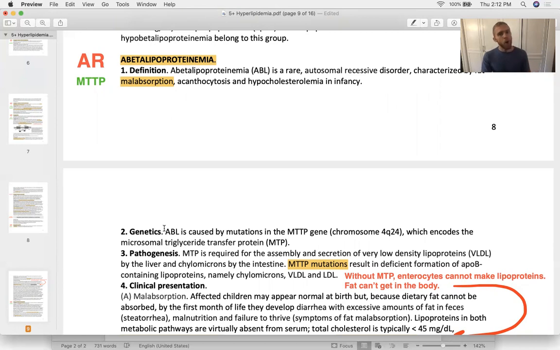You got to be able to mobilize fats from inside your cells into LDL and into chylomicrons, because fats don't travel on their own in the bloodstream. So you have to put them into a lipoprotein. So MTTP is the transfer protein that takes fatty acids and puts them into the lipoprotein. And if you can't do this, then you really can't make lipoproteins, you know.